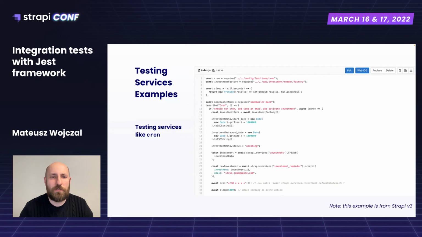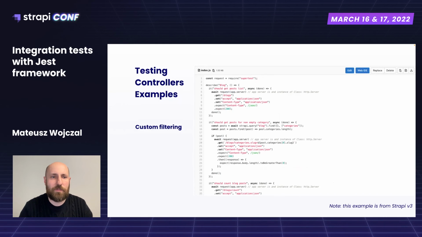I can also test stuff like built-in cron functions that Strapi provides. Here's an example. Just please note that this example is taken from Strapi version 3. There are not many changes when comparing version 3 and 4, but there are some. So if you just copy and paste this in Strapi 4, it won't work. So please know that.